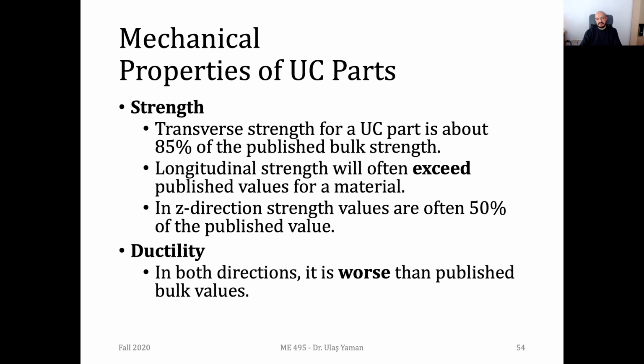We don't have much ductility in products after they are fabricated with ultrasonic consolidation. They are usually less than the ductility values you obtain with the rolling of the pure material. And obviously, since we are putting the layers on top of each other, we don't have much ductility in the Z direction.